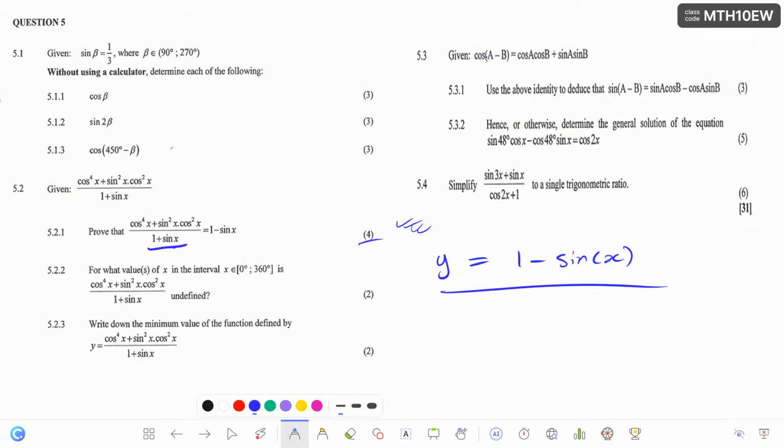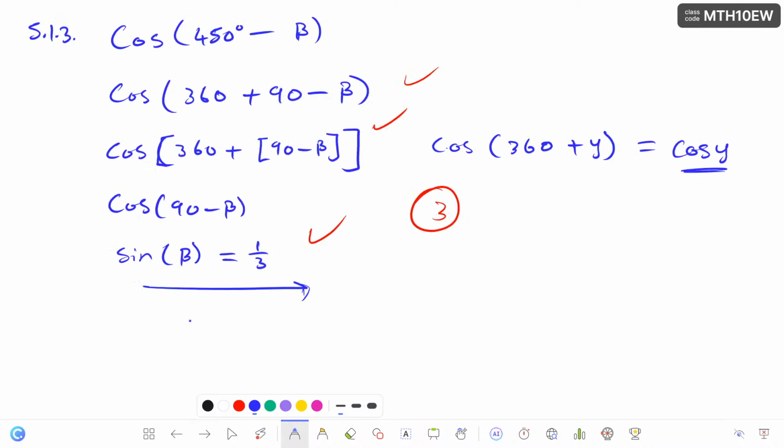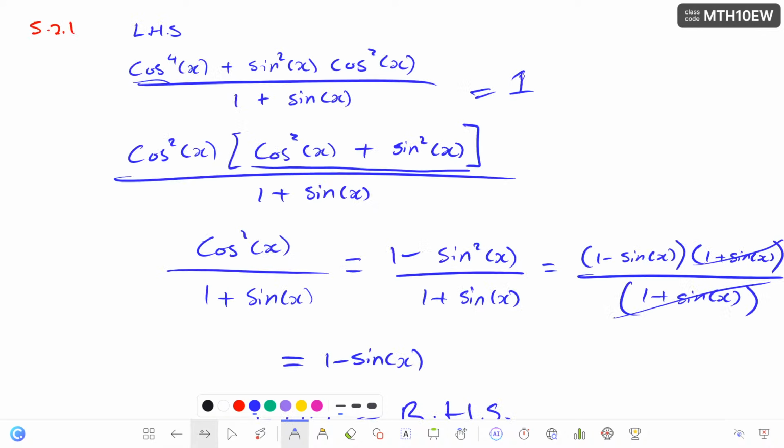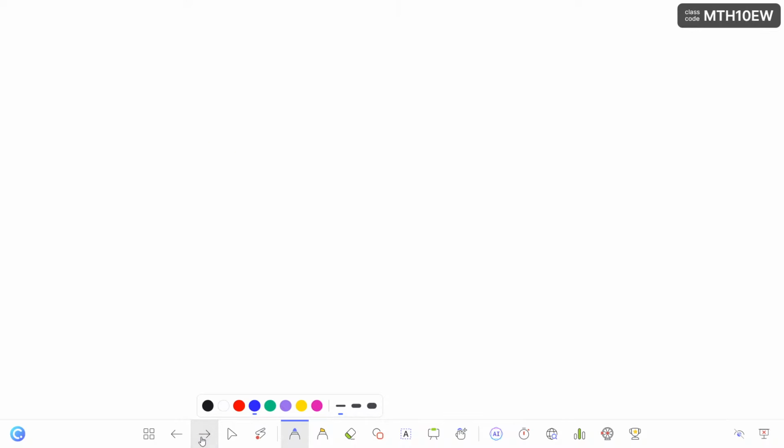So, okay, let's come to 5.3. They said the given cos A minus B is equals to cos A cos B plus sin A sin B. Use the above identity to deduce that sin A minus B is equals to sin A cos B minus cos A sin B. So 5.3.1.